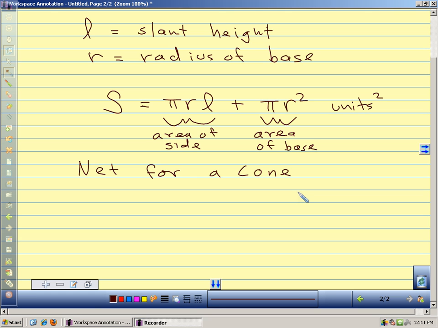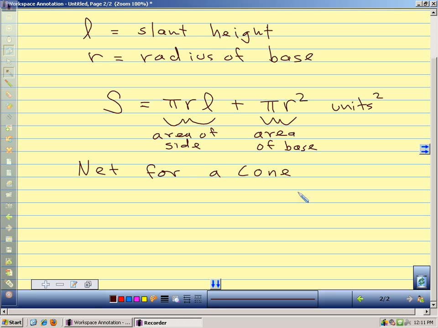So the slant height of our cone turns out to be the radius of the circle that I used to make the cone. When I cut that out, the radius of this circle is right here, and when I fold it up, that's the slant height of my cone.